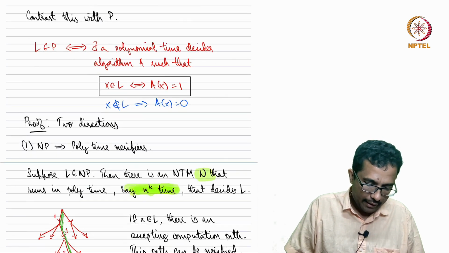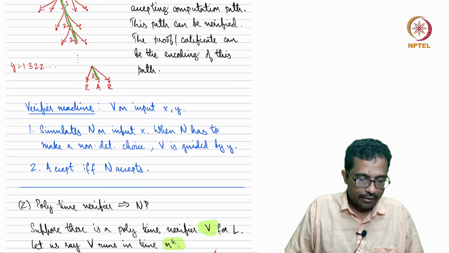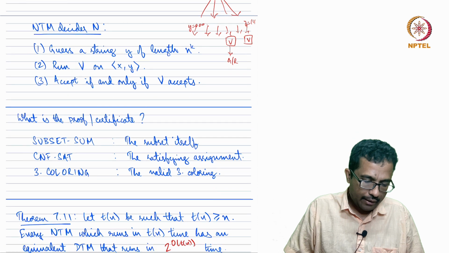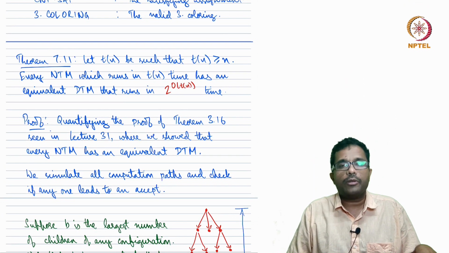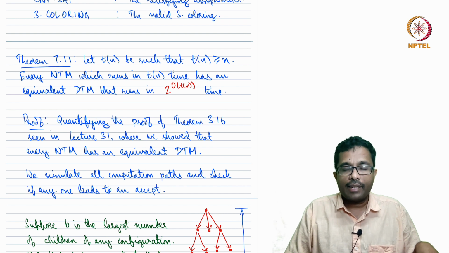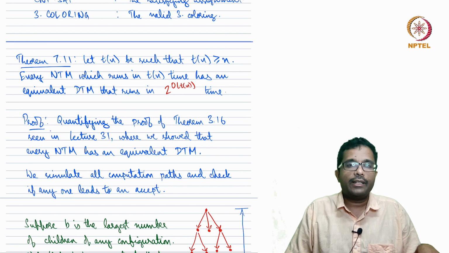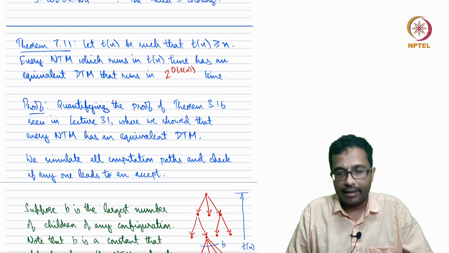And the two directions were both straightforward. Then we saw that a non-deterministic Turing machine that runs in T(n) time can be simulated by a deterministic Turing machine in 2 power O(T(n)) time.